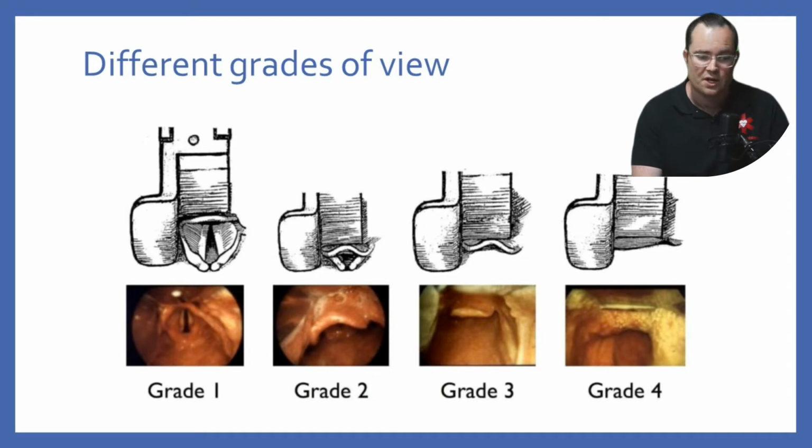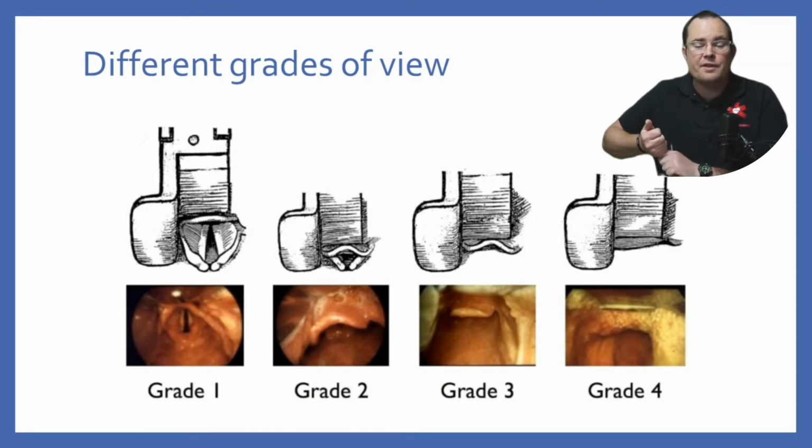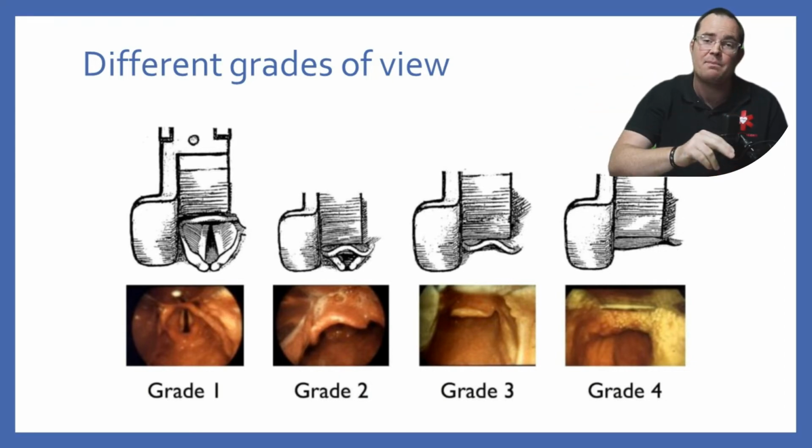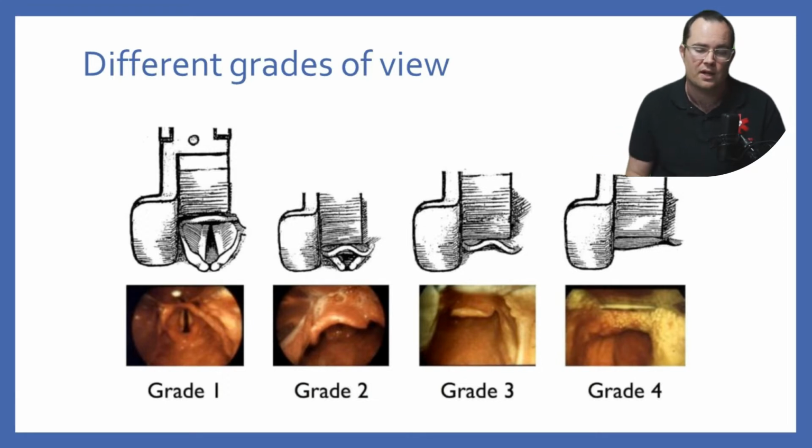You're telling me that I can't intubate that patient because I can't see the glottic opening? Yeah, I can. That's the whole reason why you have a stylet inside of your tube. Angle the bottom of your tube, and fish it right underneath that epiglottis to make it into the glottic opening. Definitely a grade 2. You can 100% still intubate that patient without issues.